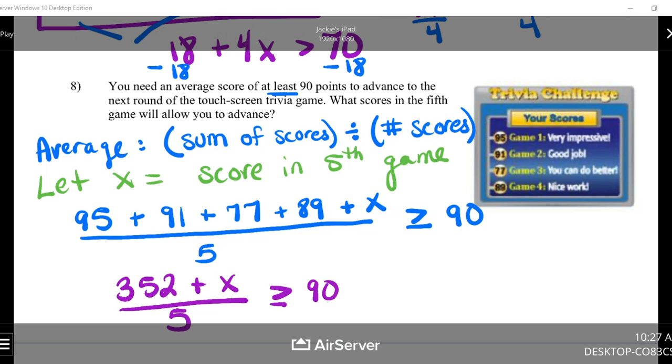So our first step to solve would be to multiply both sides by 5. Get rid of that denominator. Five over 5 is 1. That's why we multiplied by 5. So on the left, we have 352 plus x is greater than or equal to 450.